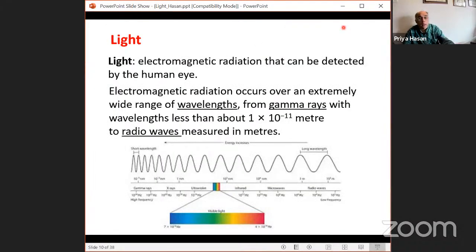So defining what light is: it is electromagnetic radiation that can be detected by the human eye.